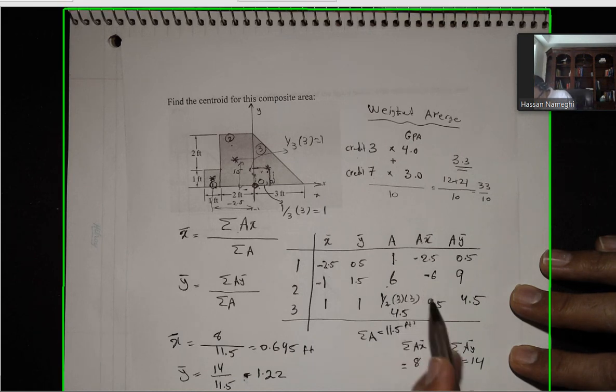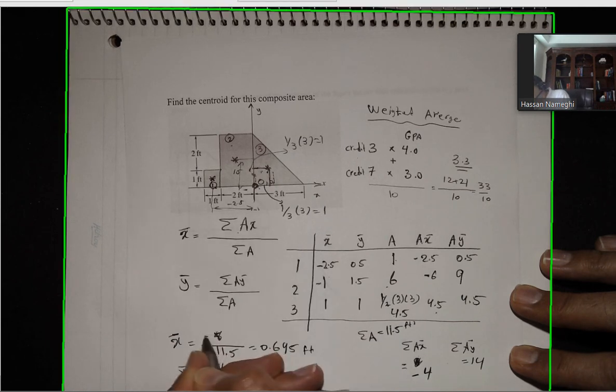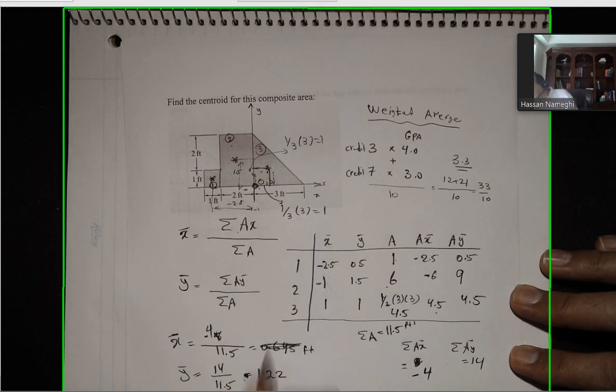So this will make the sum of Ax minus 4. Minus 4 divided by 11.5, the answer is minus 0.35.